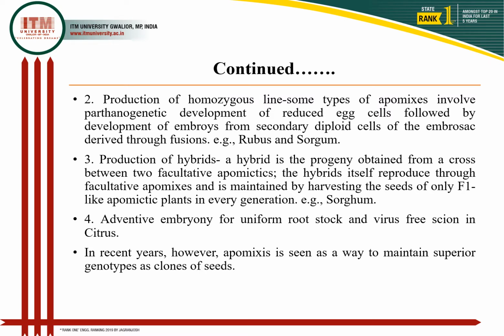The second application is to produce homozygous lines. Some types of apomixis are involved, because there is parthenogenetic development of egg cells, followed by the development of embryos from secondary diploid cells of embryo sacs derived from fusion. So you are going to develop homozygous lines here.